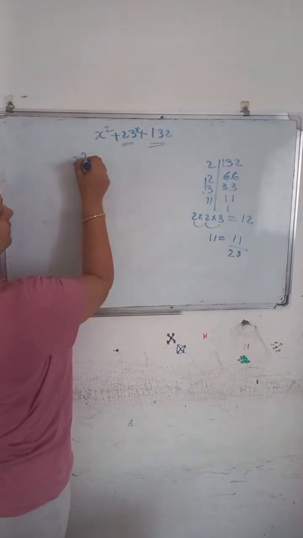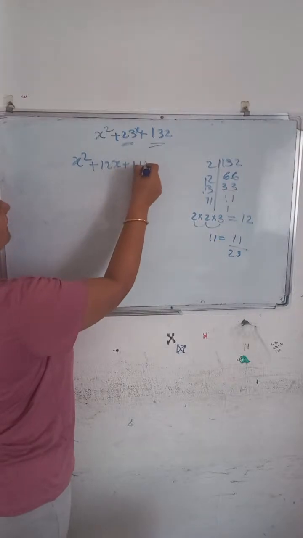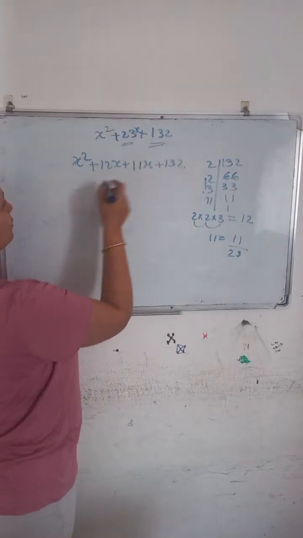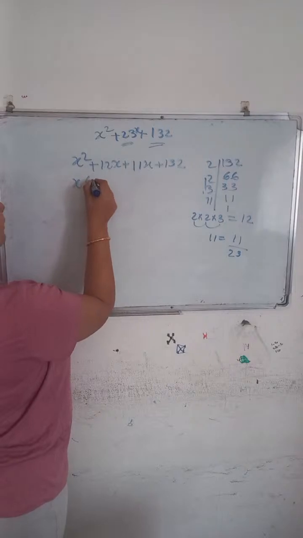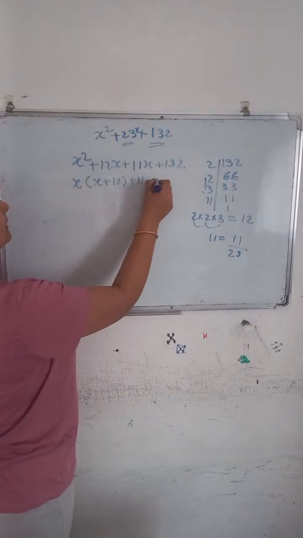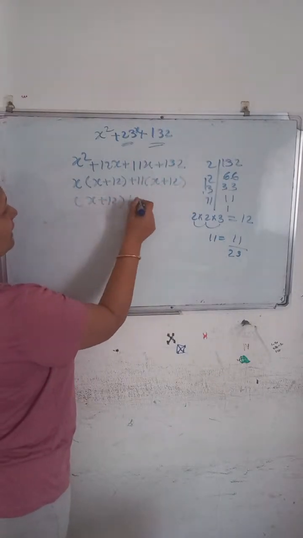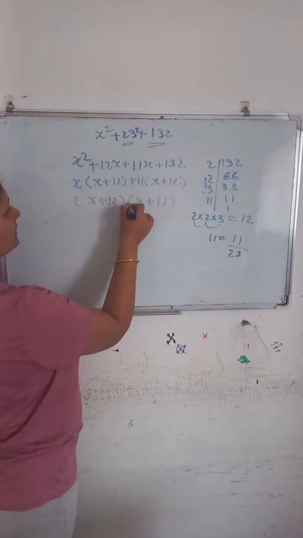Okay, so x square plus 12x plus 11x plus 132. So here x you take common, then x plus 12, and here if you take 11 common, x plus 12 I will get. So here x plus 12 and another will come x plus 11.